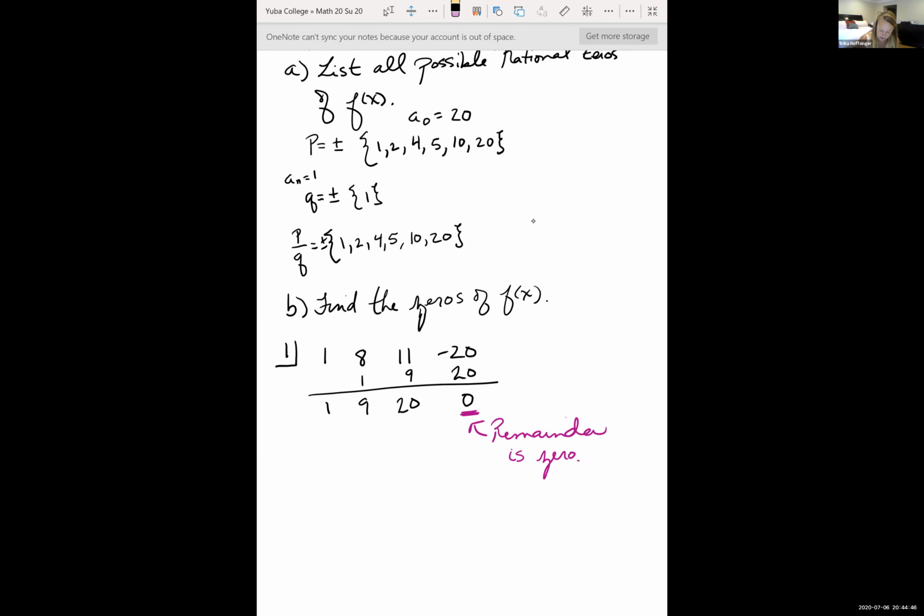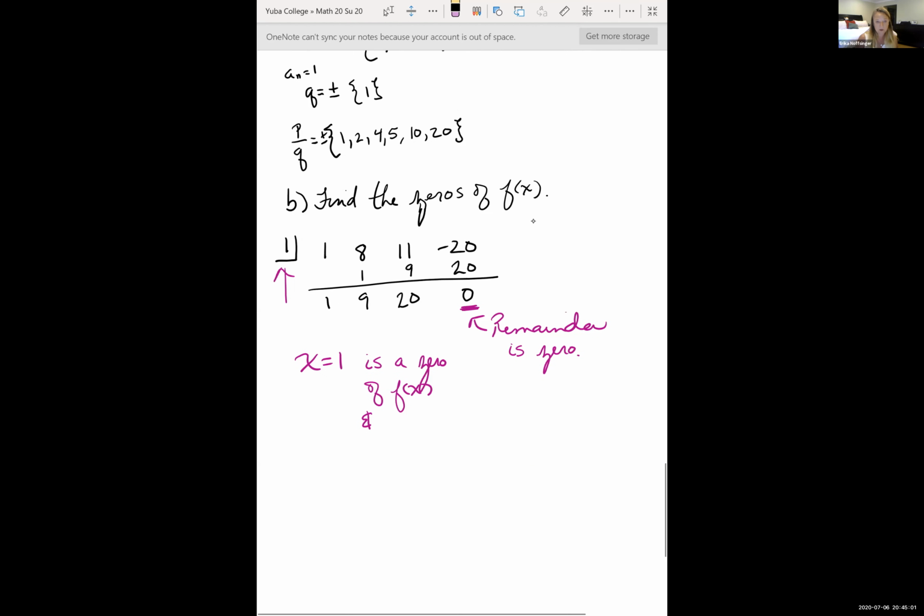So x equals 1 is a 0 of f of x, and if I subtract 1 on both sides, x minus 1 is a factor of f of x.